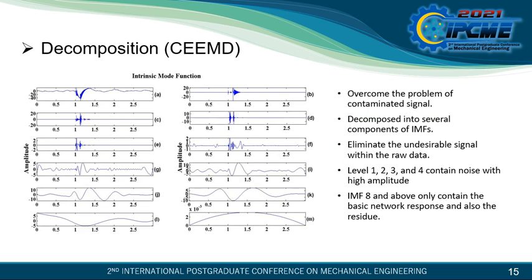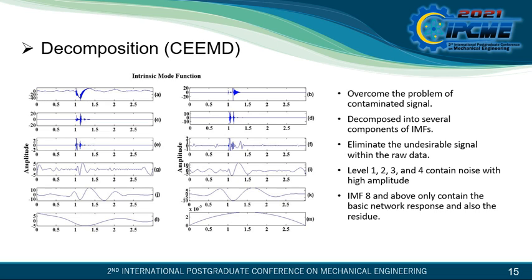The decomposition method proposed in this paper is CEEMD. We can see here that the raw data is now divided into several components of intrinsic mode functions, also called IMFs, using CEEMD. From here, we can eliminate the undesirable signal within the raw data.